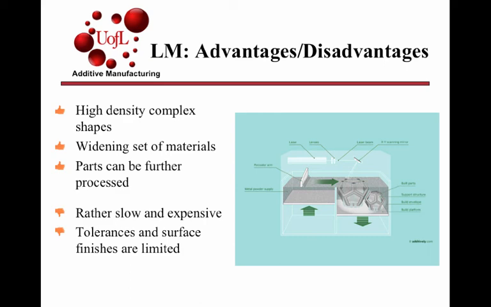The tolerances in surface finishes are limited, and any reinforcements of fibers that you add will be limited in terms of the L over D ratio of the fiber. And you saw during lecture 2 that the mechanical properties of fiber reinforced composites get limited once you begin to reduce that L over D, which is necessary to be able to get fine enough powders.